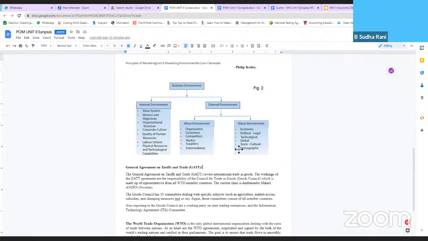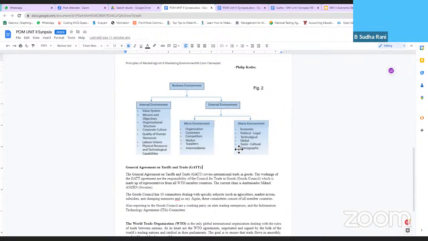You can control your intermediaries by paying proper commission, or if your intermediaries are not listening, you can change them and shift to another one, or you can have meetings with your intermediaries and make an understanding through conferences and meetings, right? So these are under the external environment, micro environmental factors which have an immediate impact on the business, but are under the control of the organization.